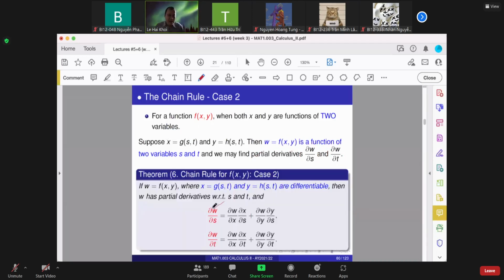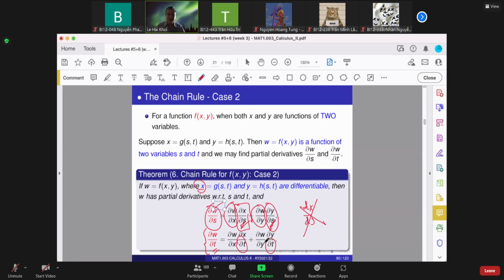With respect to s, you can consider w similar to a function of one variable x, but depending on s. Forget t. However, you should not write dx over ds, because x is now a function of two variables. Then the derivative must be a partial derivative instead. Actually, it is with respect to s. But s and t have equal roles, so you can also have the partial of w with respect to t exactly the same, only the partial derivatives of x and y are now with respect to t.